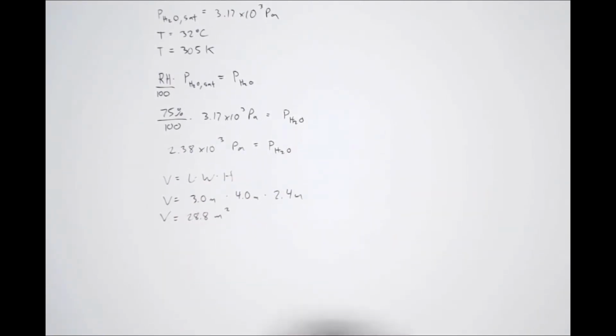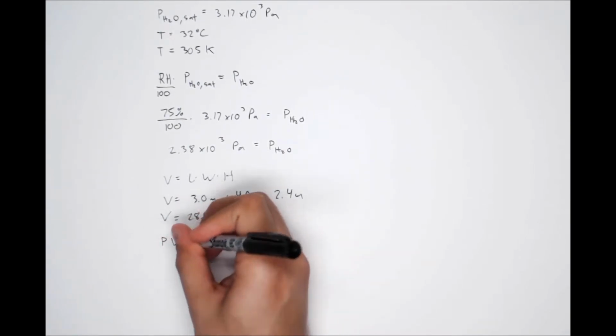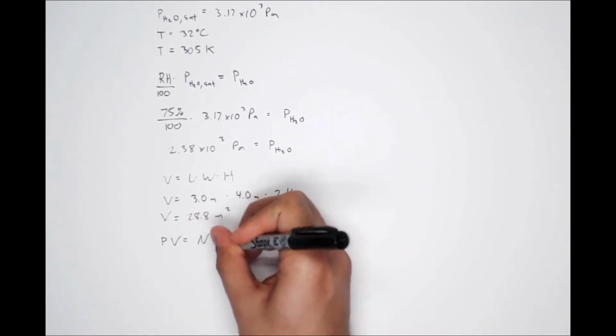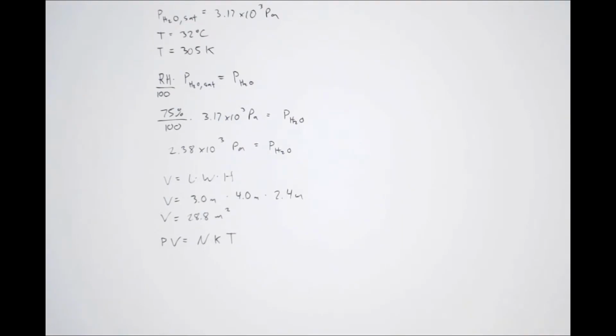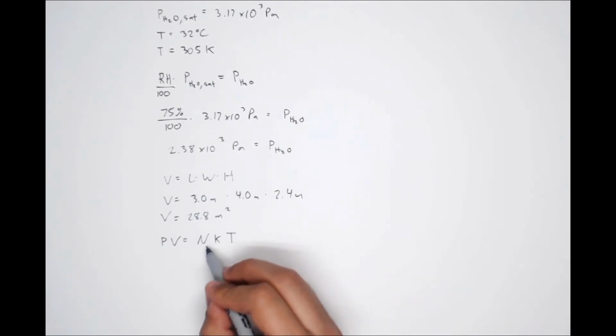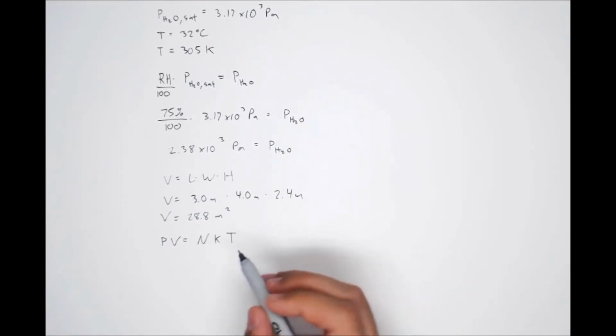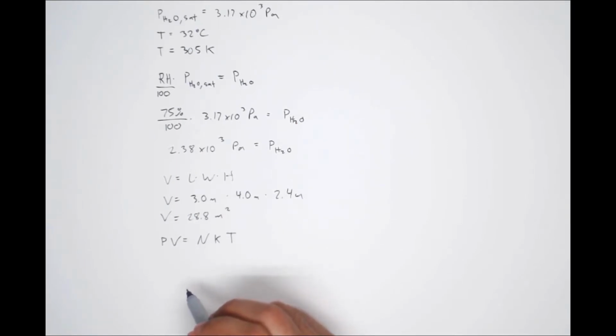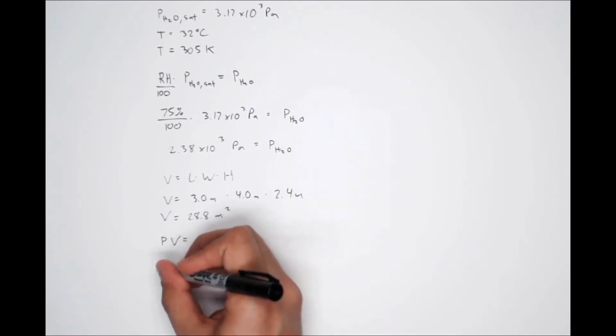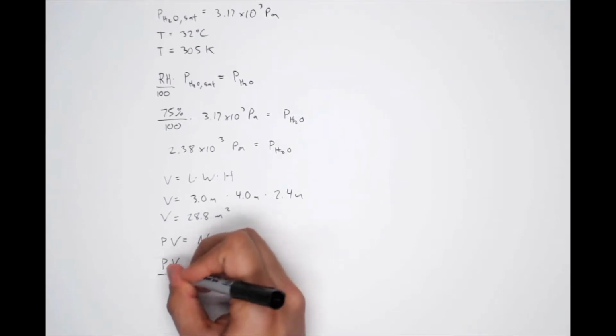To go on to the ideal gas law, we're going to have PV equals NkT. And for that, we can solve for N, because once we know the number of molecules, then we can use the molar mass of water to figure out the total mass. So let's divide both sides by kT.